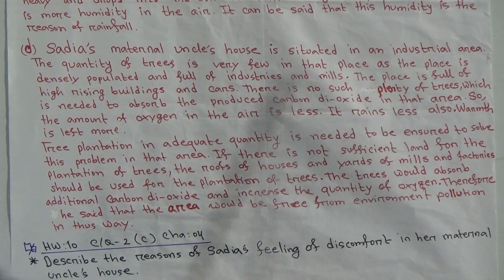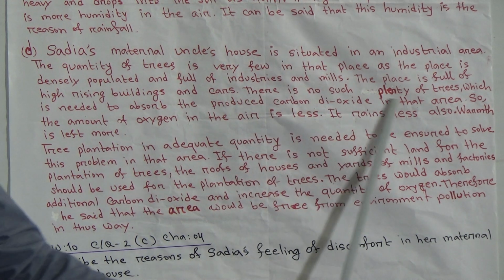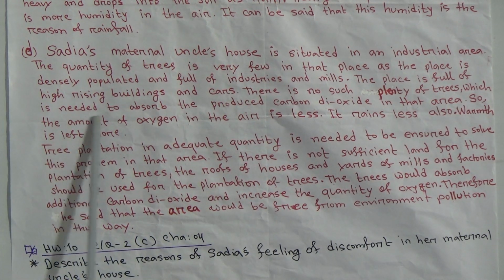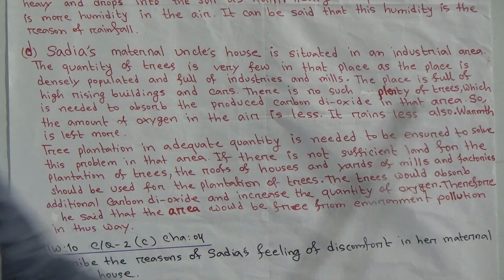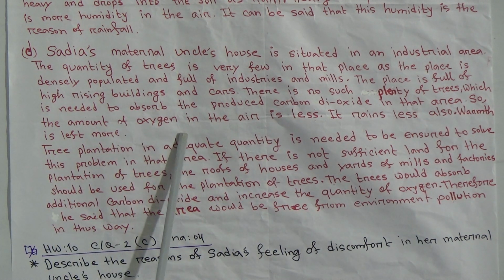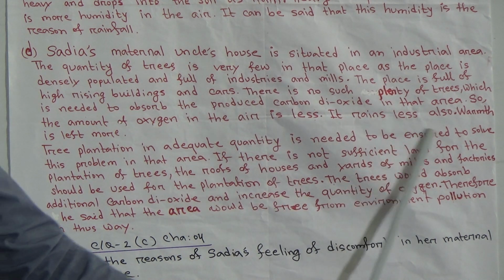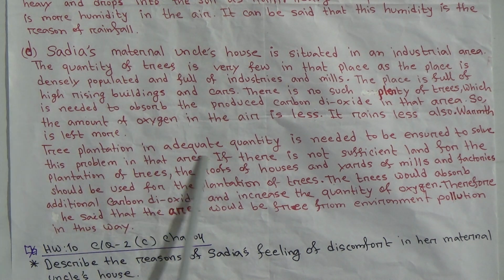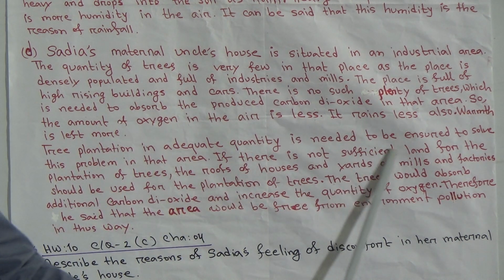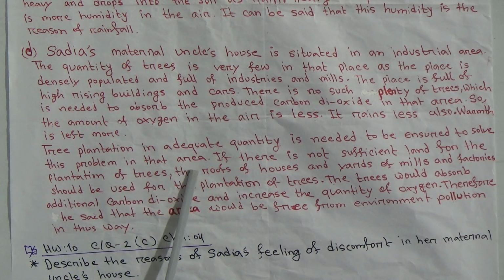The place is full of high-rising buildings and cars. There are not plenty of trees, which are needed to absorb the produced carbon dioxide in that area. So the amount of oxygen in the air is less. It rains less, and warmth is left more. Tree plantation in adequate quantity needs to be ensured to solve this problem in that area.